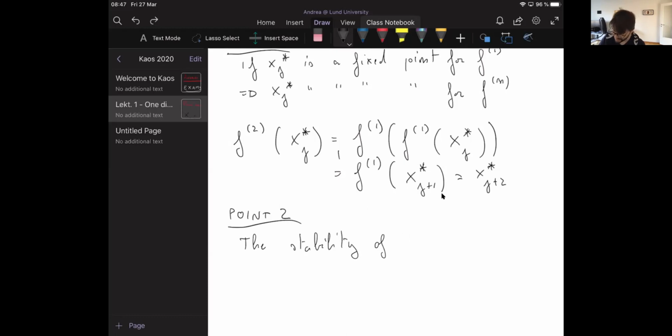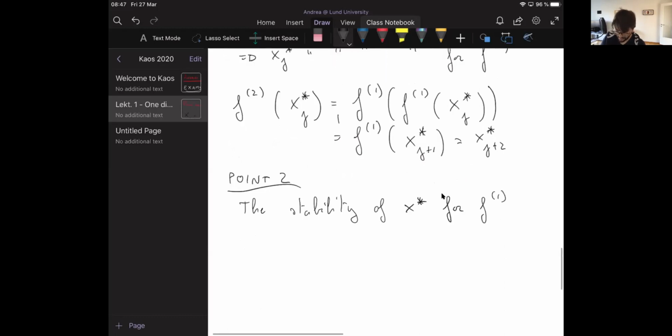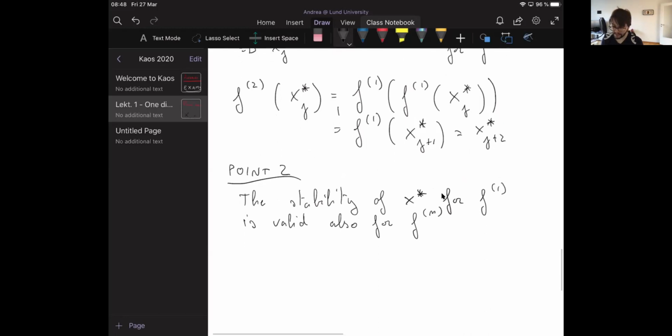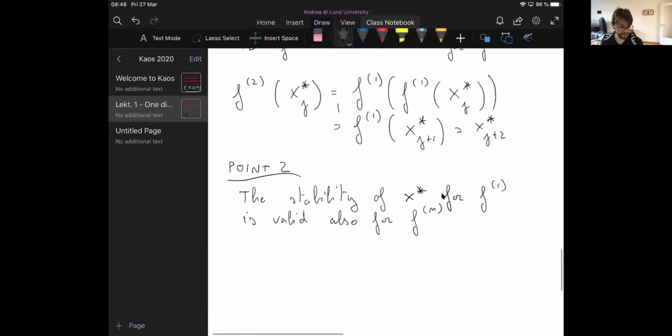Let's use the notation that we used up to now, x star for F1, is valid also for Fn, F2, F3, F4. So it's very easy to demonstrate it for F2, and then you can demonstrate it for a general n by inductive principle.